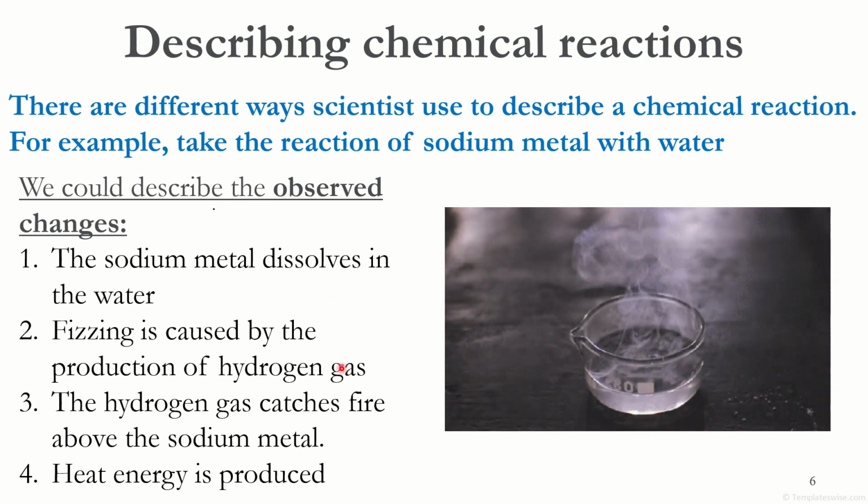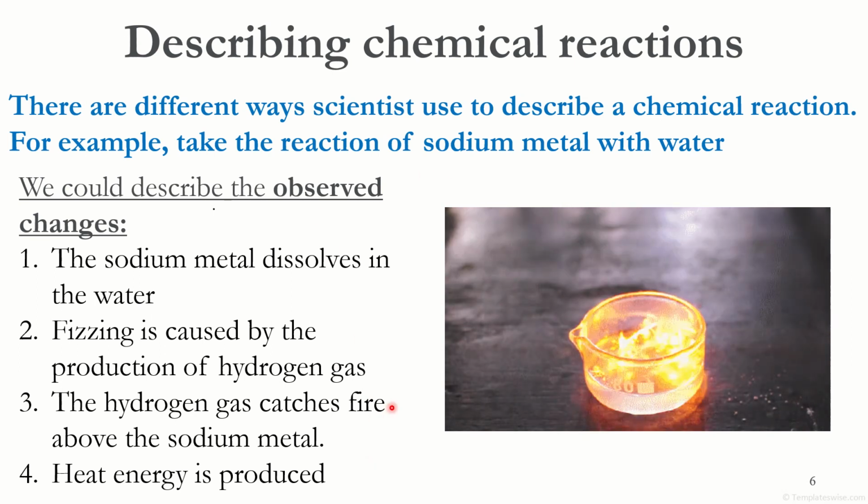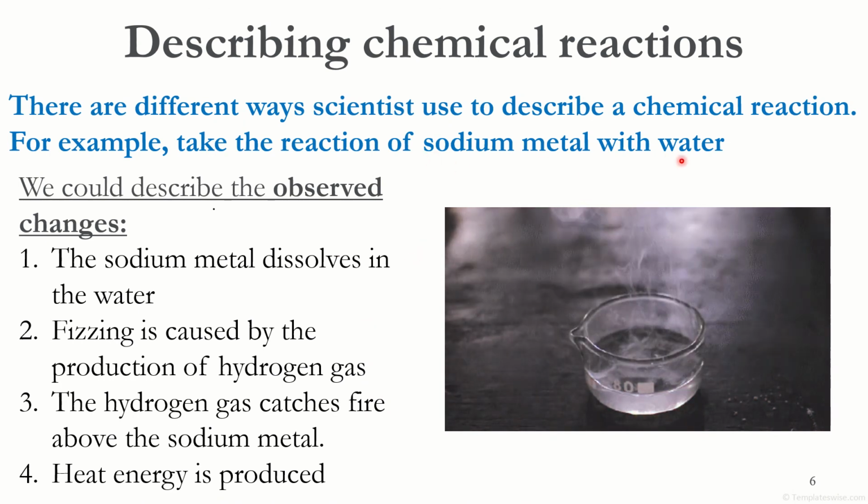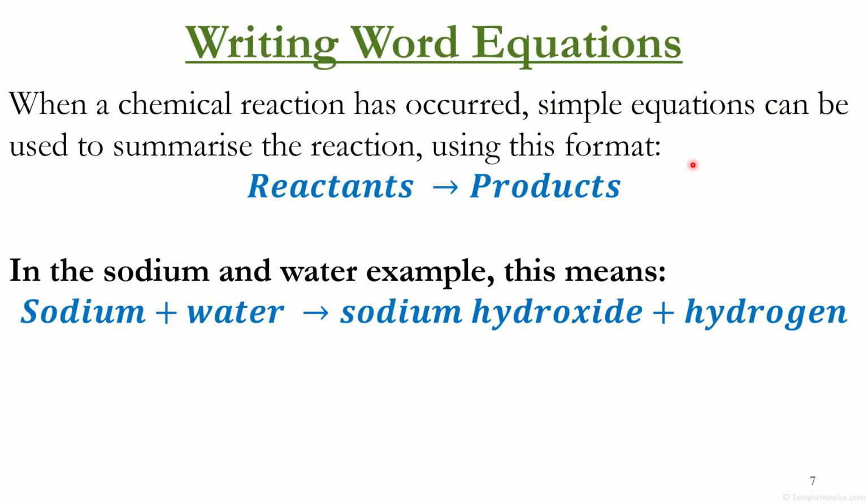Okay, these are wonderful observations, don't get me wrong, and tells us that a chemical reaction has occurred, but it's not the way we express a reaction between sodium and water. What we need to do is use something called word equations. Okay, so when a chemical reaction has occurred, there's a really simple format that we use to describe the reaction.